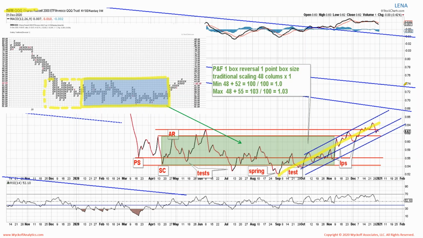And so that is so cool, because I'd love to do point and figure charts on all kinds of different data series. Well, here's a perfect example of a relative strength point and figure. And from this, you can see here that we have counts that go, currently it's around 62.5, this ratio, and the count goes up to 100, potentially 48 plus 52, 48 plus 55 takes us up to 100 to 103, roughly.